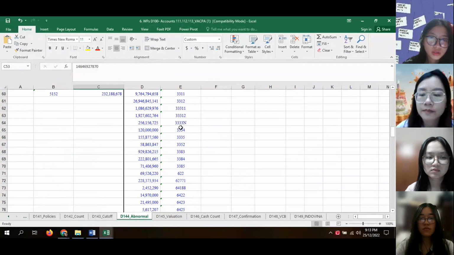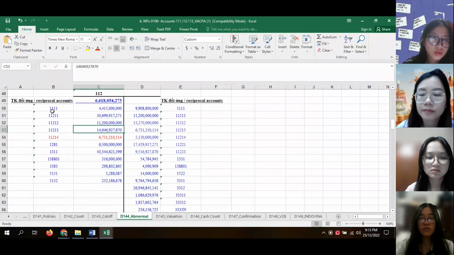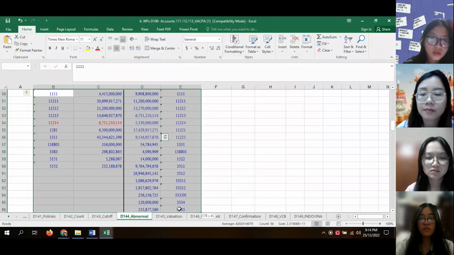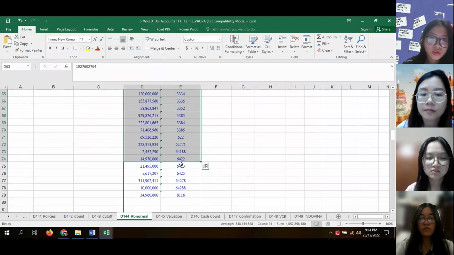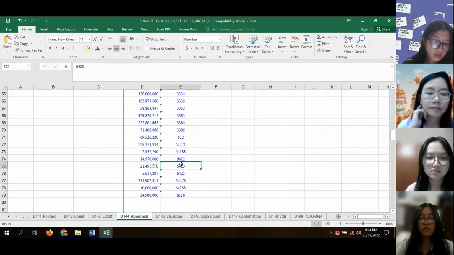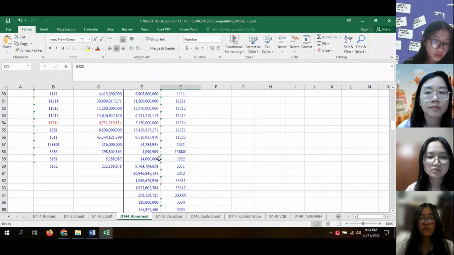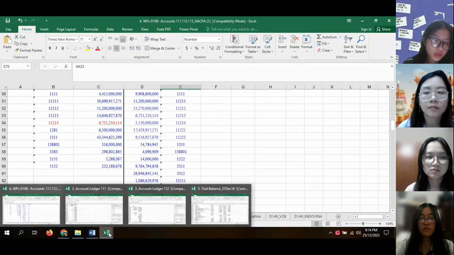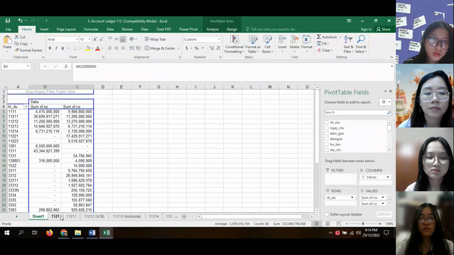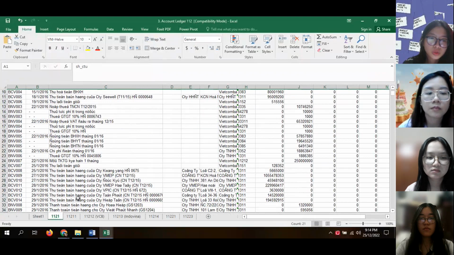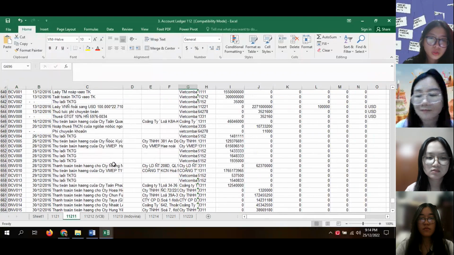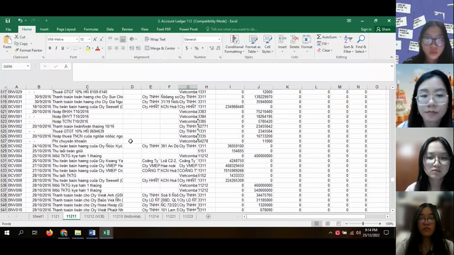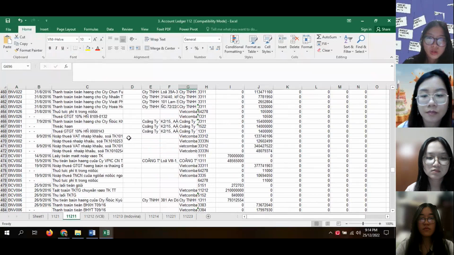Basically, at a glance, there's nothing wrong with the account issue here. The cash on hand doesn't have many errors for this, but the deposit is easy to make mistakes in if you don't look carefully. So we will look up GL112 and go to the subsidiary ledgers 112, 112.11.